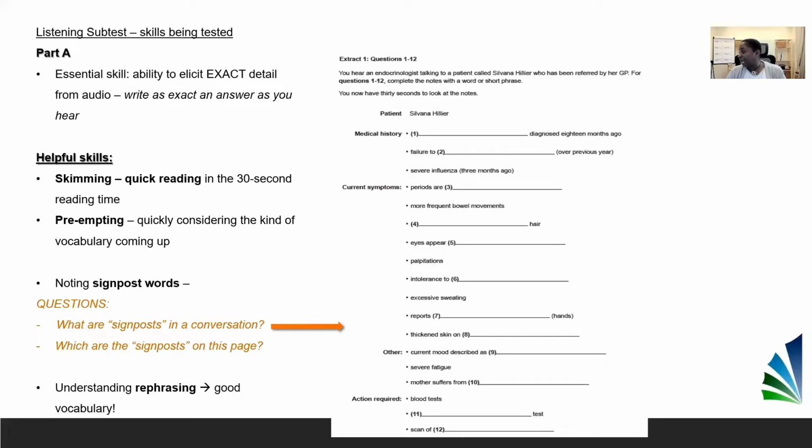Okay, yeah. So I see people have started writing in medical history, current symptoms, action required. Yes, Rizwana, you are generally in the right direction. Anyone else has an idea about what we mean by signposts? Conclusion, not really.